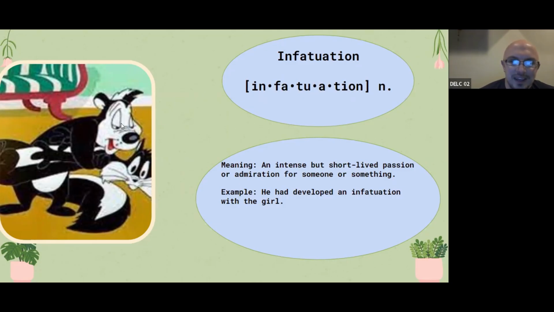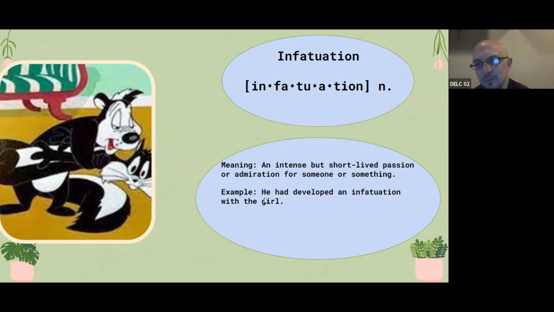And this is a popular cartoon. This animal is called a skunk, and this is a cat. But this skunk thinks that the cat is a skunk, and he is famous for being infatuated with this cat. And so oftentimes we use infatuated in love relationships.